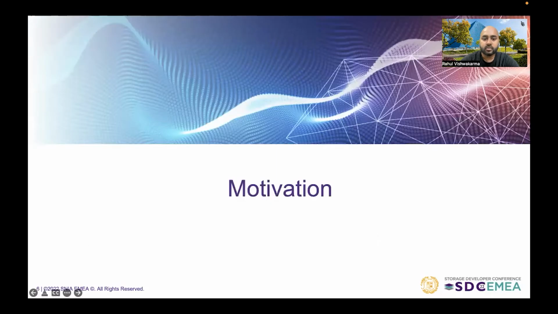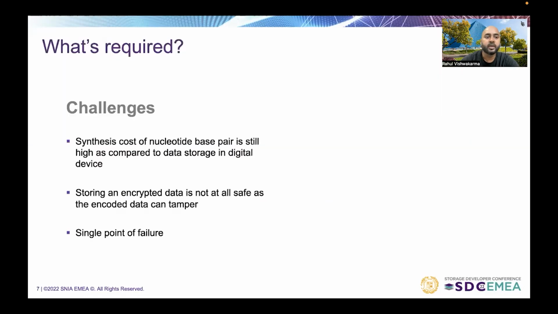Now let's come to a motivating example of why exactly we need to reduce the storage unit information and use blockchain as metadata for storing DNA as a storage device. The current challenge is cost. The cost has gone down compared to earlier, but we still want the storage cost to be cheaper.